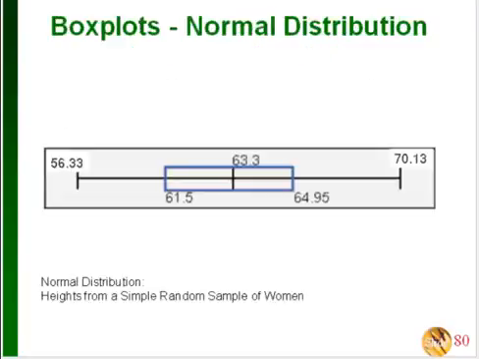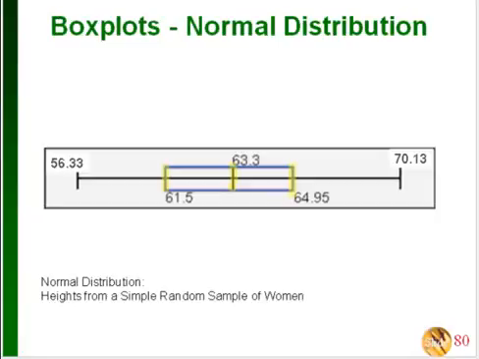So in this case, 61.5 would be the first quartile. The median is just represented by a line in the middle of the box. That would be 63.3. The third quartile would be the 64.95. So those 3 make up the box. And then this whisker goes down to 56.33.